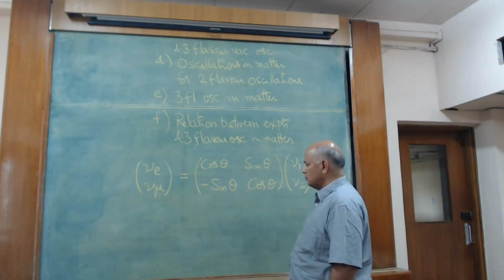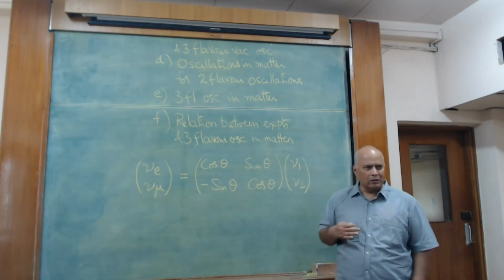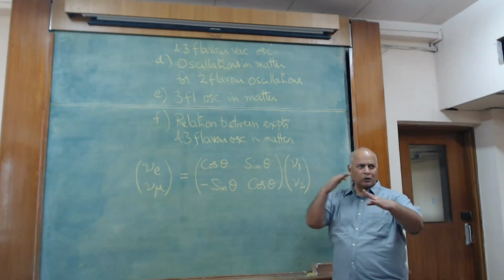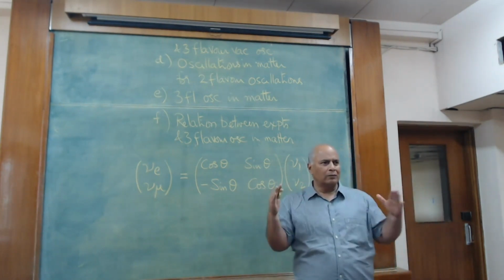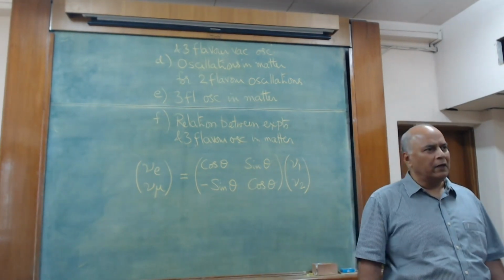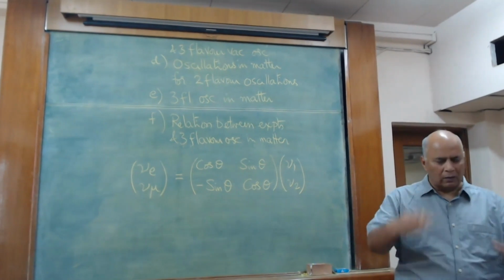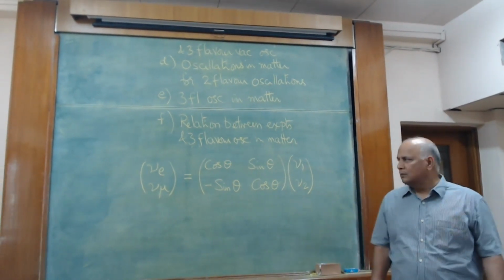And we are choosing this to be an orthogonal matrix because we want nu1 and nu2 to not have anything to do with each other. We want them to be linearly independent. Rather, not only linearly independent, we want them to be orthogonal states.